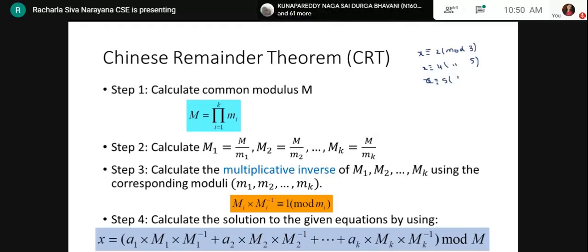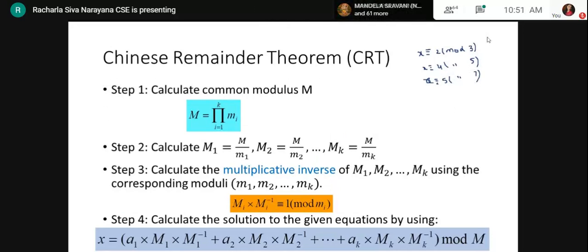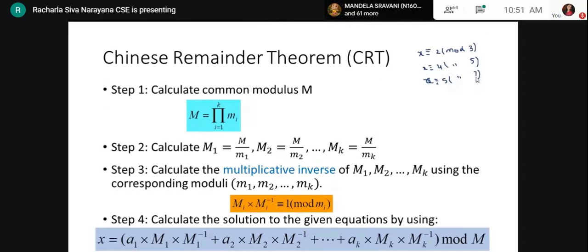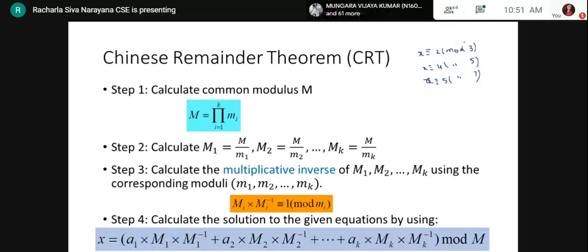So these are the equations. Here small m1, small m2, small m3 are 3, 5, 7. These are the small m values, and small a values are 2, 4, 5. This is the x value.